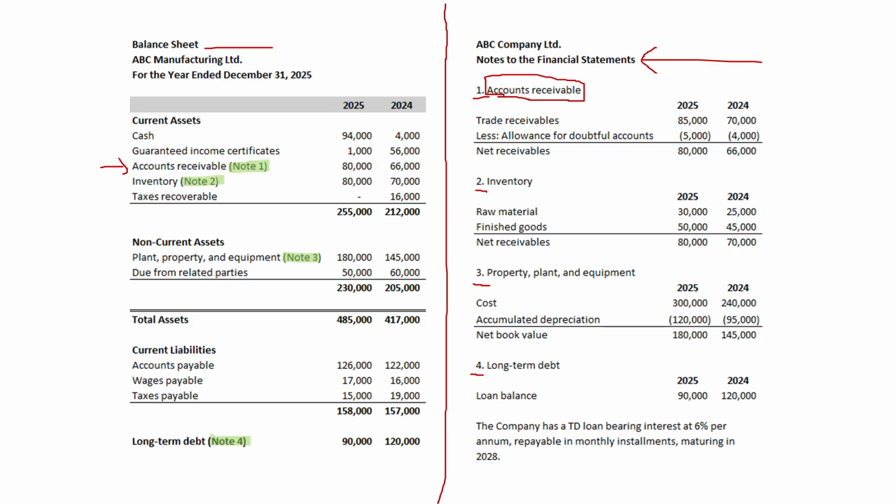First, for accounts receivable, it tells you how in 2025 and 2024 they actually got to the balance you see on the balance sheet, the 80,000 and 66,000 for the two years. You see it corresponds exactly on the left side, but it tells you how they calculated it. They start with trade receivables, so anything that the company's clients have bought on credit.